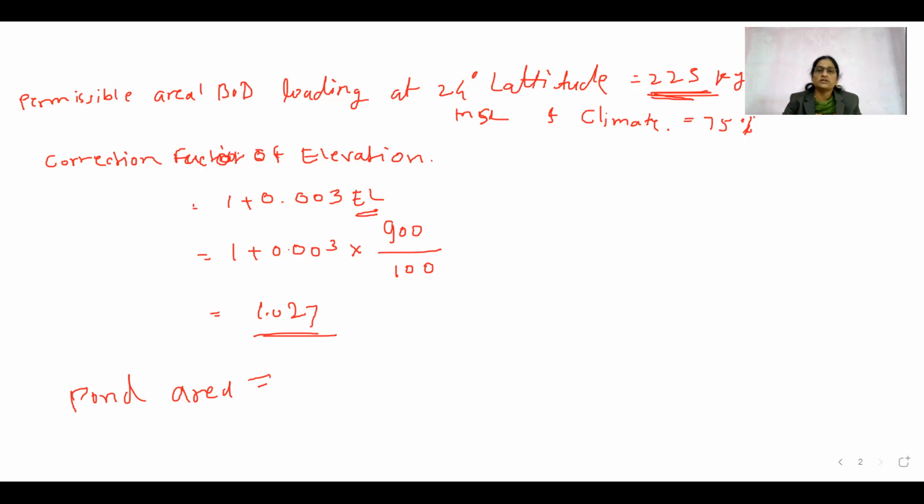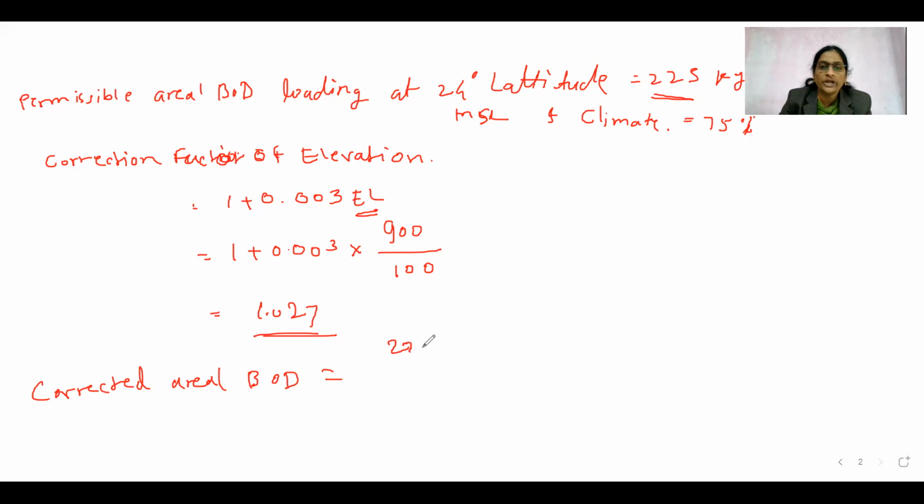Before we go to the corrected pond area, we need to write down the corrected aerial BOD. Corrected aerial BOD is equal to, how to find that?